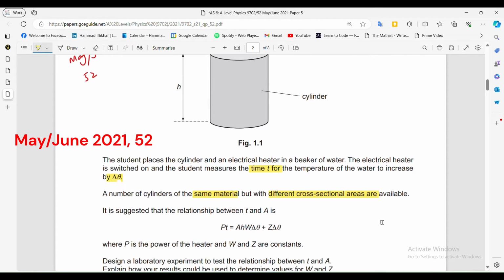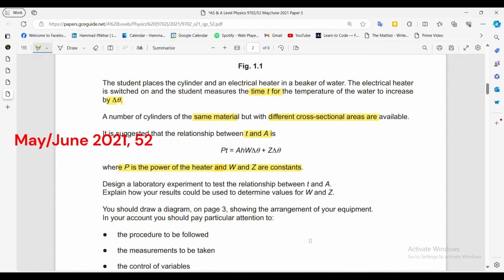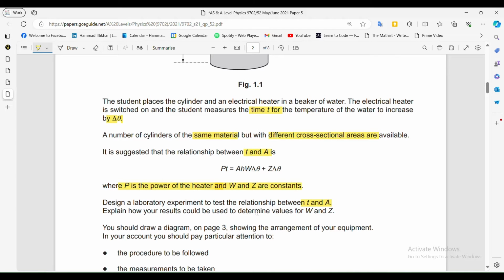It is suggested that the relationship between T and A is given, where P is the power of the heater and W and Z are constants. Design a laboratory experiment to test the relationship between T and A, time and the cross-sectional area. You should draw a diagram on page 3 showing an arrangement of your equipment. All right, let's go to the diagram and see how to make this.